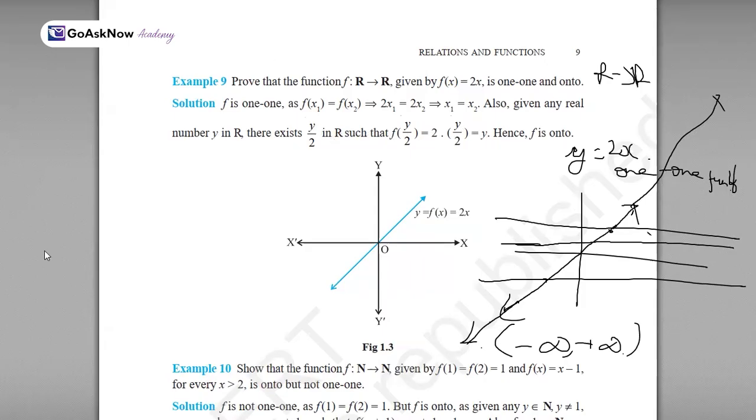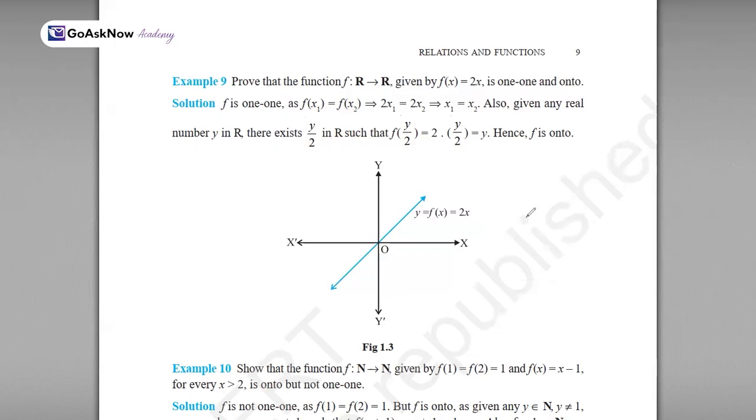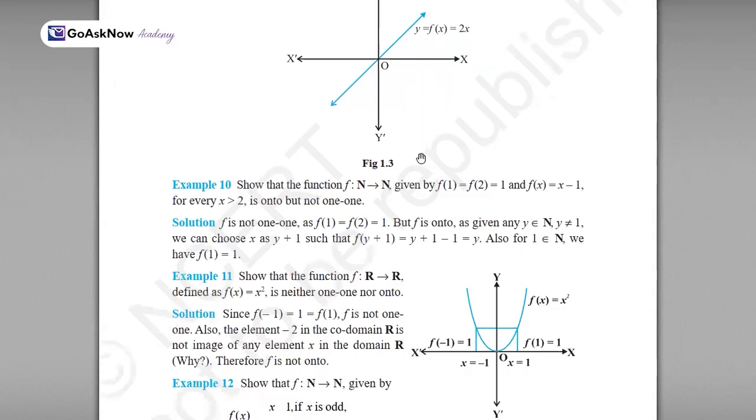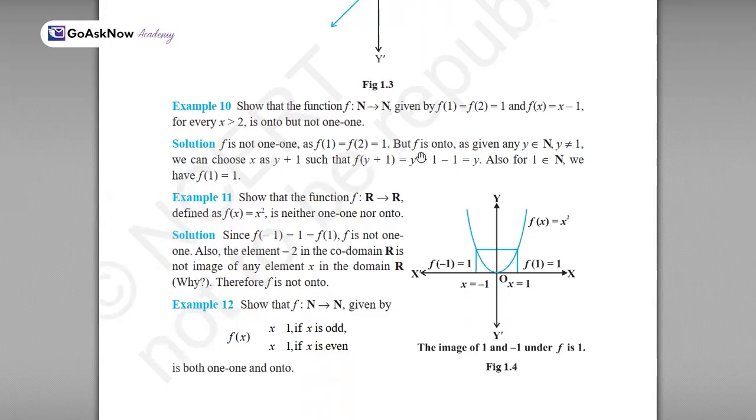Now let's move to the next example. Example 10 is telling us to show that the function f from N to N, that is from natural numbers to natural numbers, given by f(1) = f(2) = 1 and f(x) = x minus 1 for every x greater than 2, is onto but not one-one.